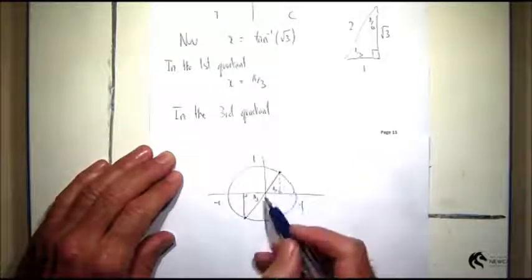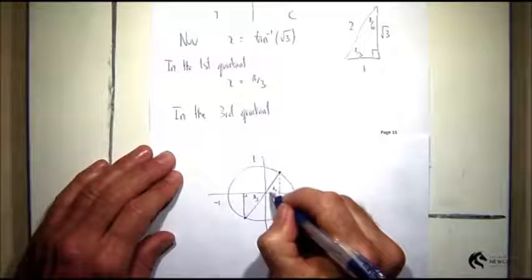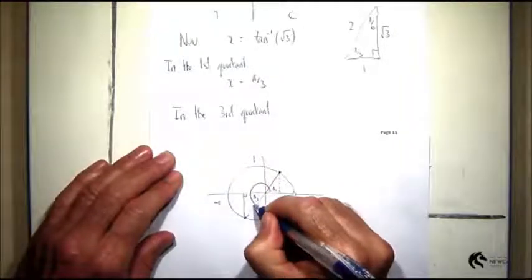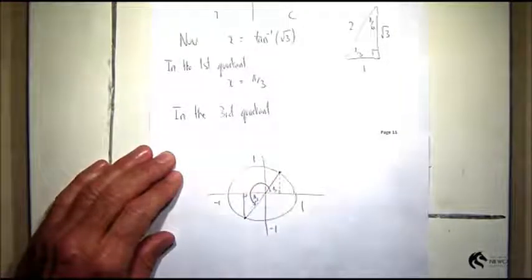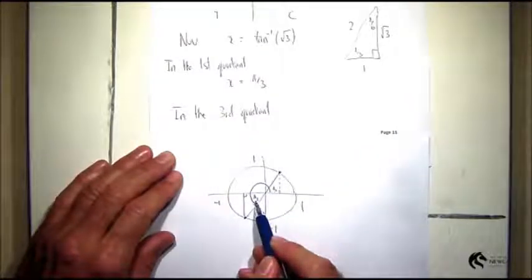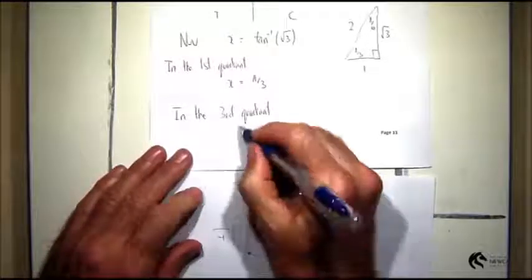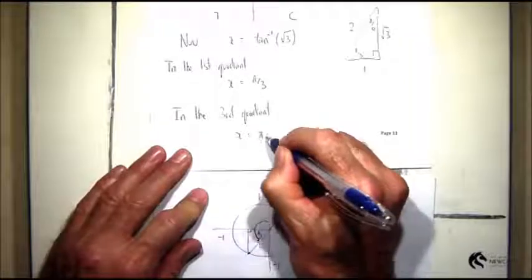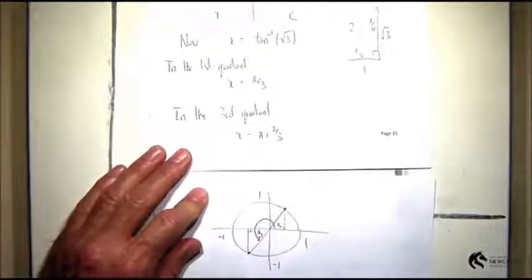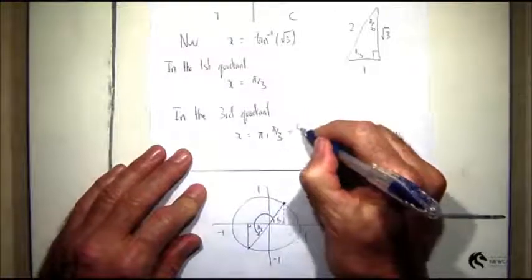This angle, I know that's pi on 3, but in terms of angles in the third quadrant, it's all of that around there. So my third quadrant answer is pi plus pi on 3. So in the third quadrant, x is equal to pi plus pi on 3, which will be 4 pi on 3.